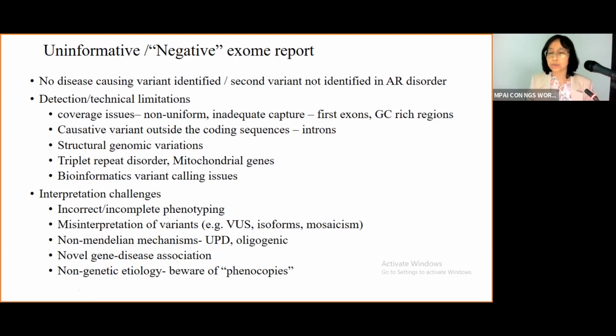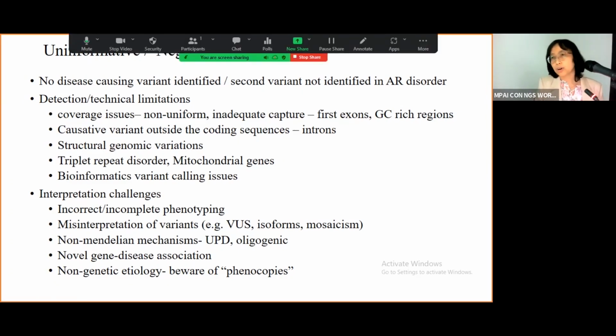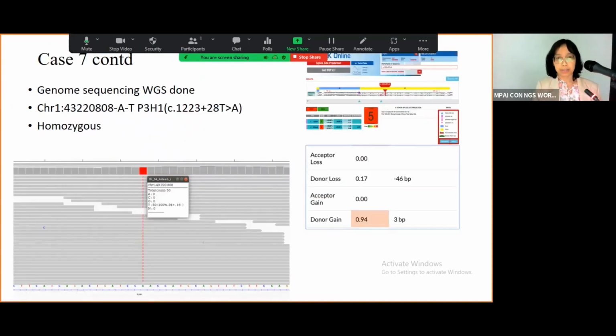And interpretation issues are now the bottleneck. This might be because of phenotyping issues, because of novel genes, because of interpretation of evidence of uncertain significance, etc. So one major cause is non-coding region variants. So in this case, we decided to go for whole genome sequencing.